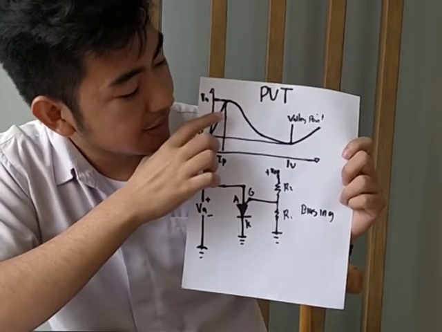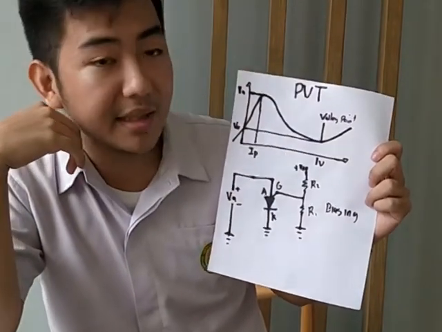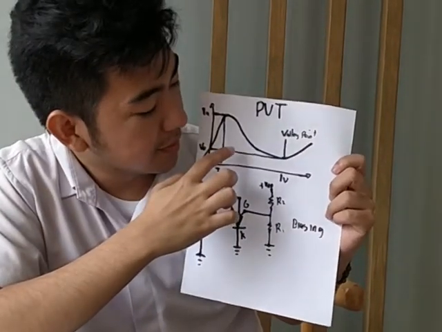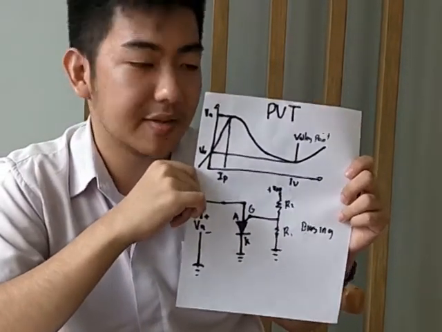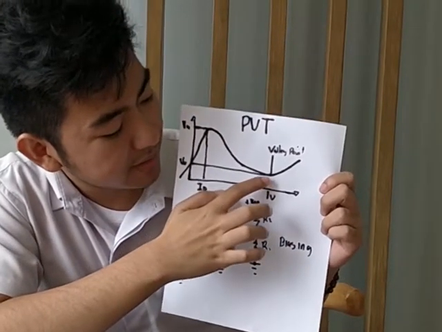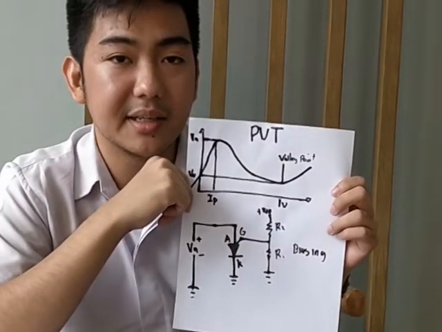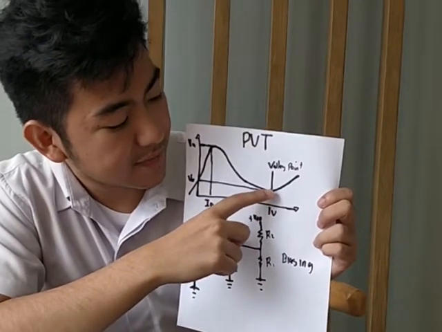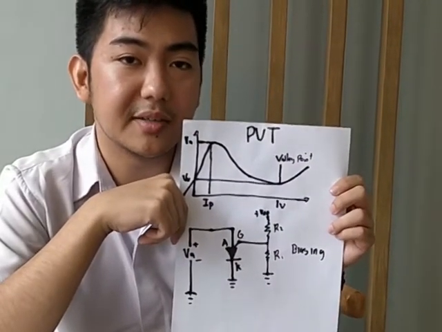And when it reaches the voltage peak, it cannot increase anymore, and this is called the negative resistance region, where the voltage of the anode decreases and the current of the anode increases until it reaches the valley point, in which the voltage cannot decrease anymore, and the voltage will increase because it will act as a fully saturated PN junction.